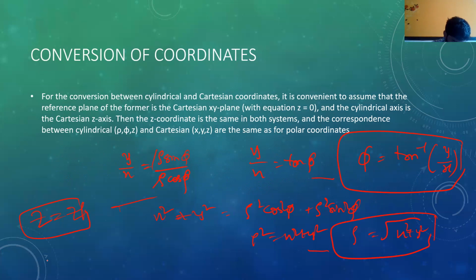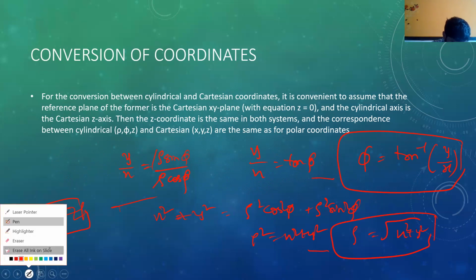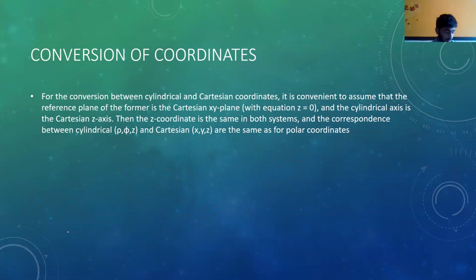One important thing to know is the range of rho, phi, and z. The range of the radius of a cylinder can be from 0 to infinity.